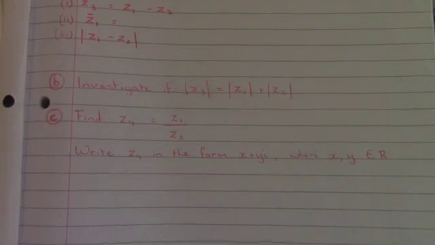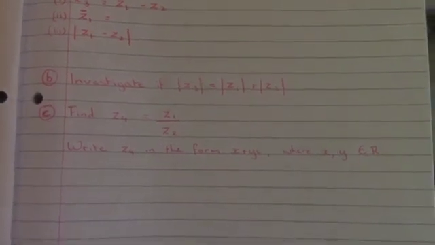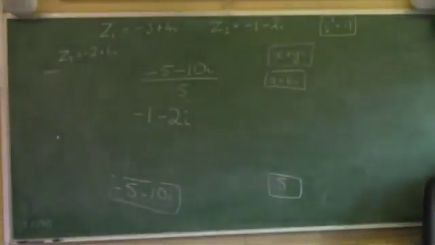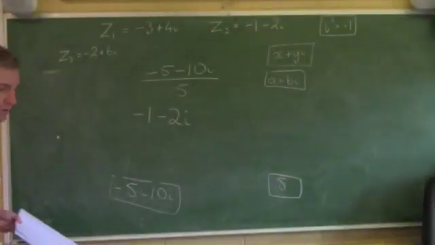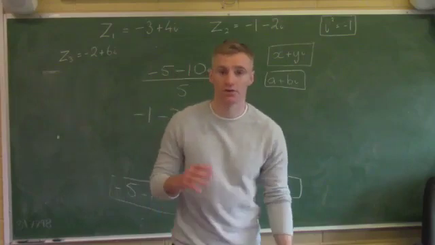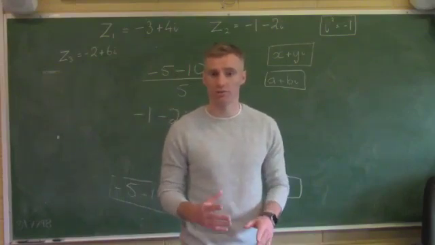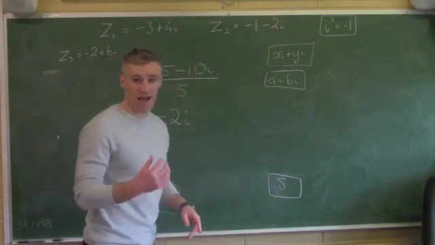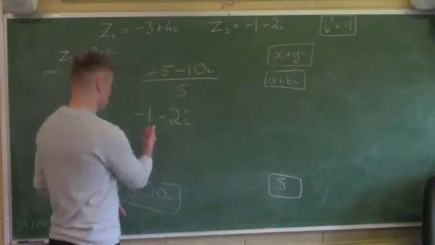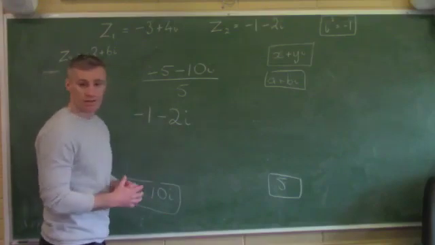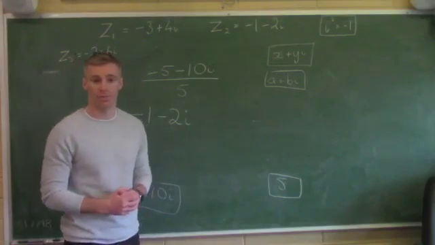Write Z4 in the form of X plus YI, where X and Y are elements of R. Elements of R means that they're real numbers. So again, we don't need to worry ourselves too much with that, just that real numbers are any number on a number line. Yes, that is any number. It's -1, -2. Yes, that is also any number.